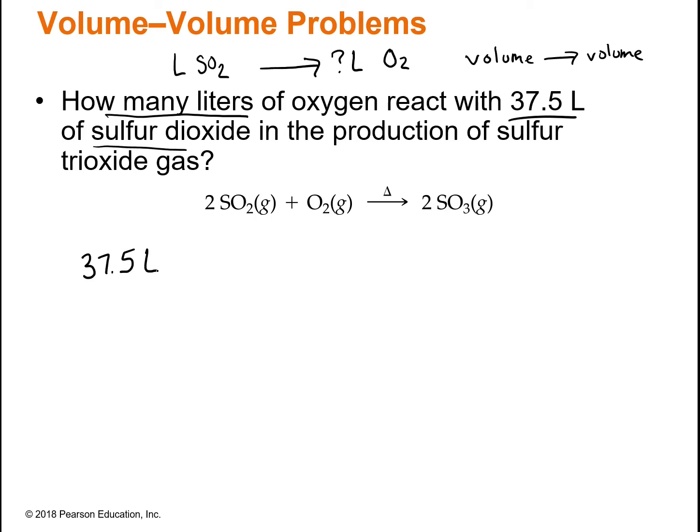We're starting with 37.5 liters of sulfur dioxide. And since we've been using green for our mole ratio, that's what I'll use here. Only this time it's going to be liters for volume. Let's write out those two volume ratios. We care about the sulfur dioxide and the oxygen gas.